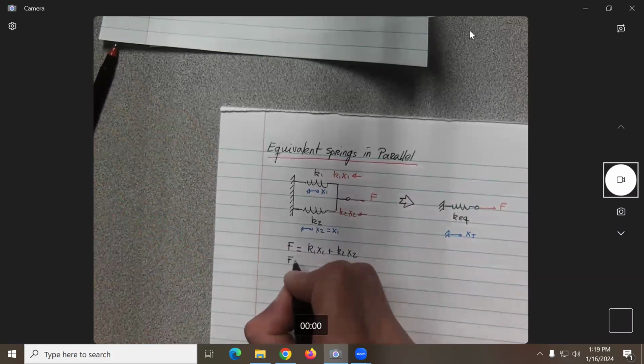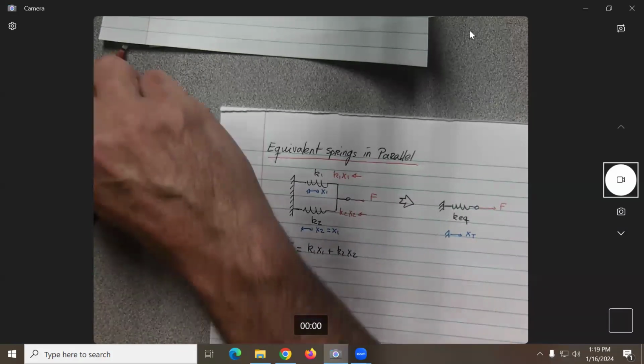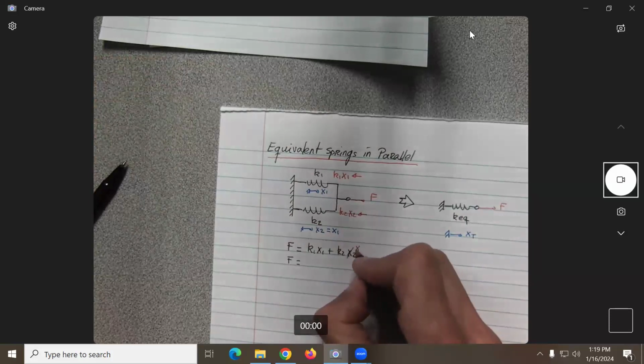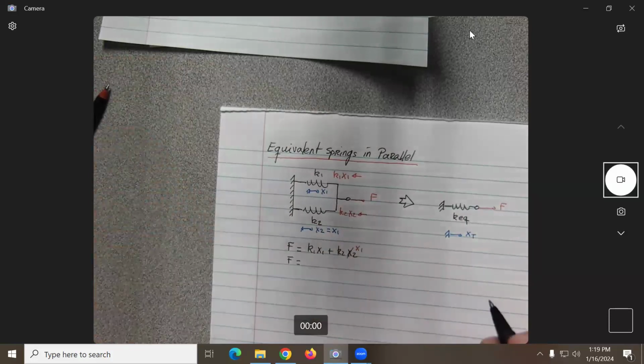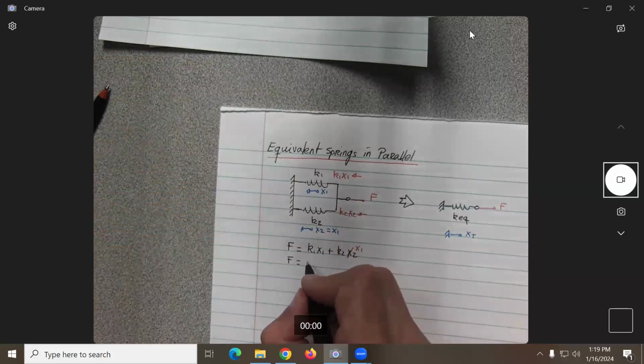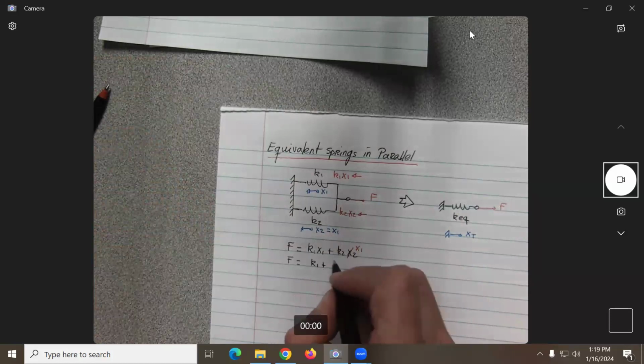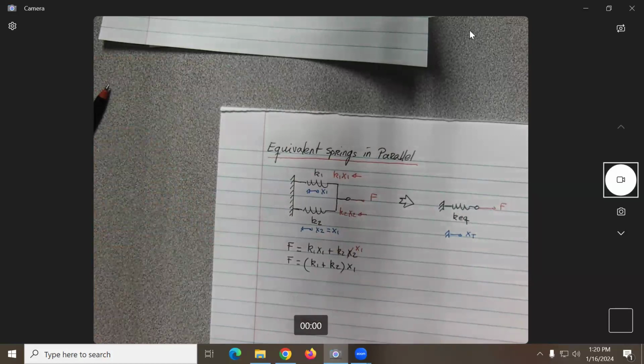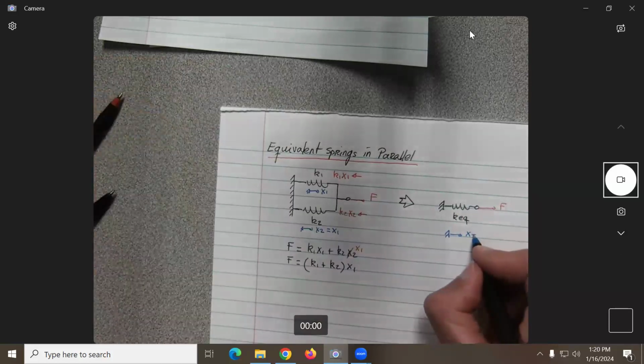However, what do we know? You know that X2 is equal to X1. So at the end, what do you have? K1 plus K2 times X1. And maybe to simplify the notation, instead of putting X total, let's put X1.